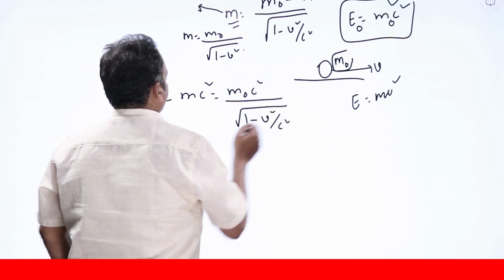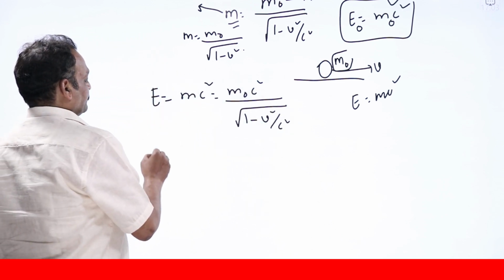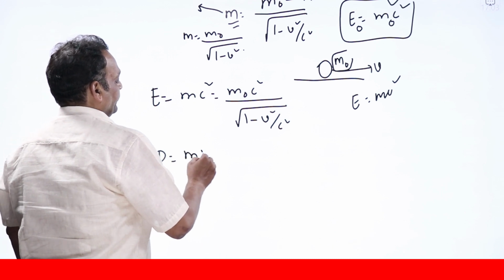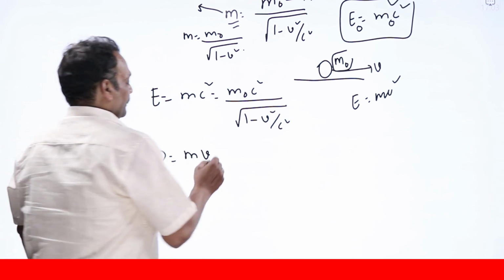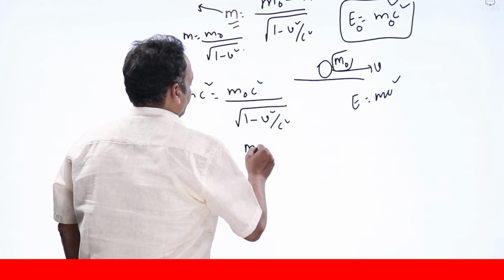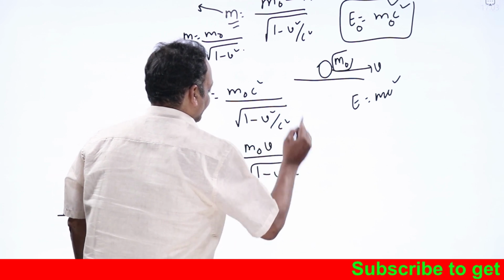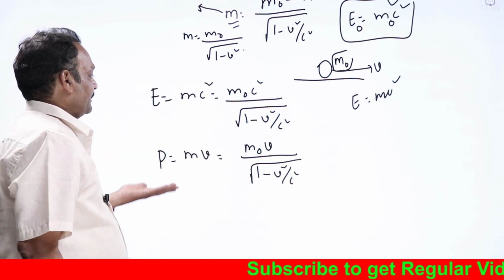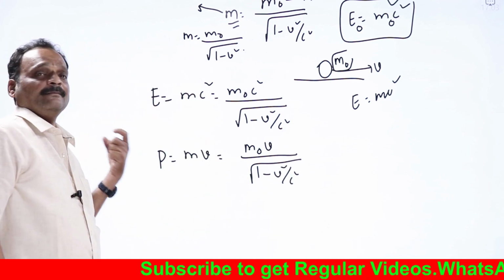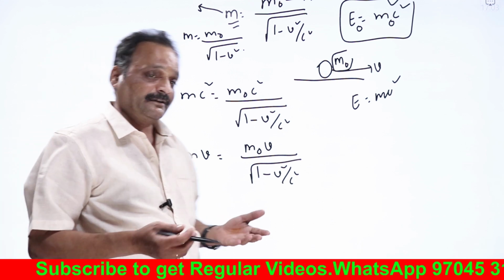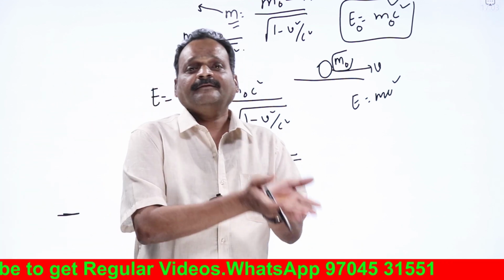So energy is like this. Similarly, what is momentum? Momentum p equal to m into v. What is m equal to again? m naught into v by root of 1 minus v square by c square. This is, according to relativity, the energy and momentum of a particle. Every particle of mass m should have some momentum when it is moving, and it will have some energy also.